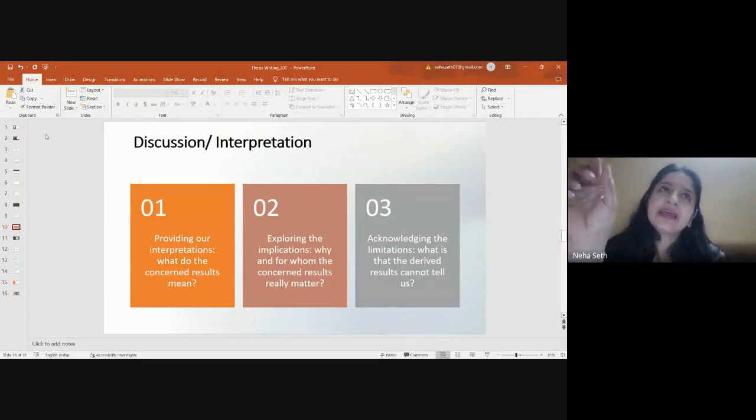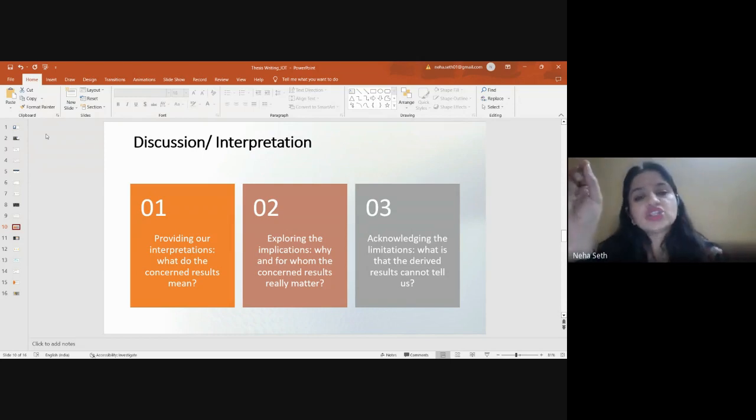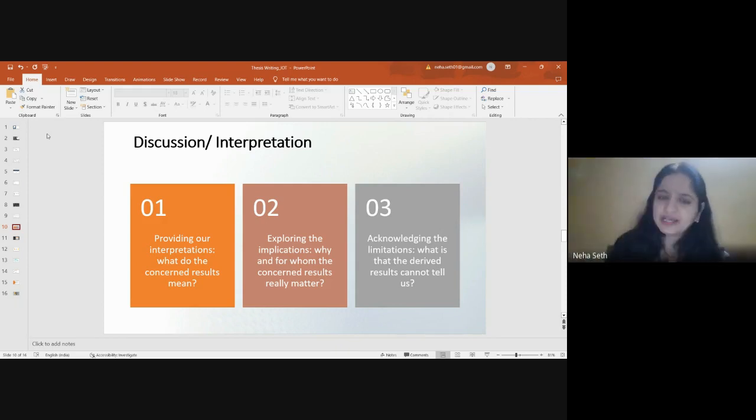It can be written as summary, conclusion, and future scope of research, or summary, interpretation, and future scope of research. Depending upon how you are doing it, it can be done in one chapter or segregated into two chapters: in one you can give discussion and interpretation, and in another you may give limitations and future scope of research.